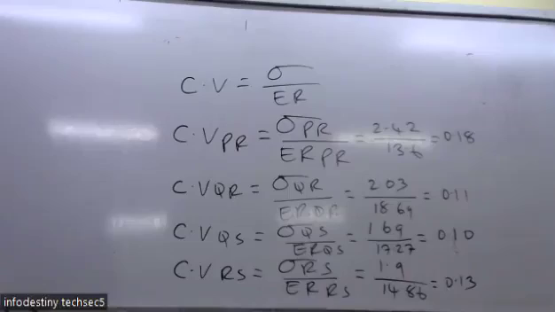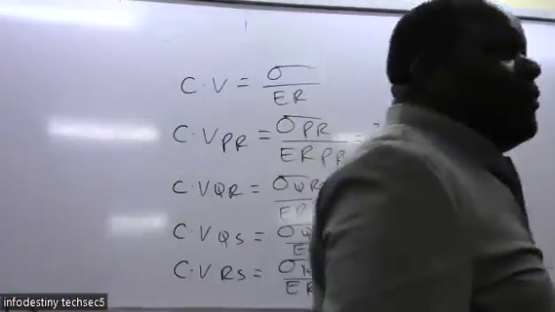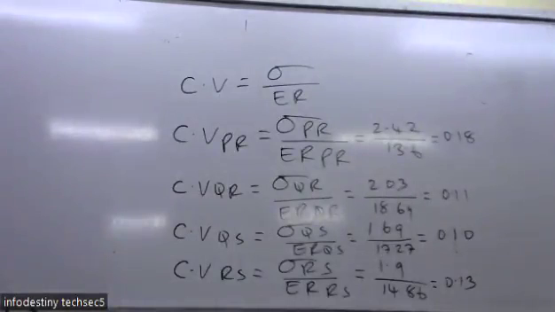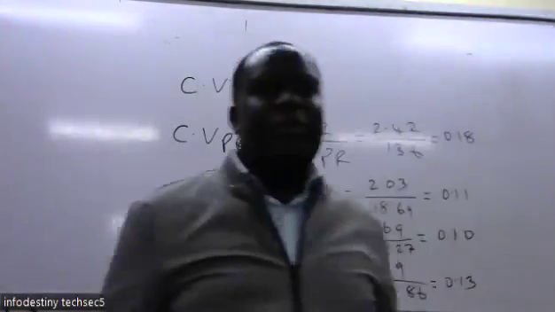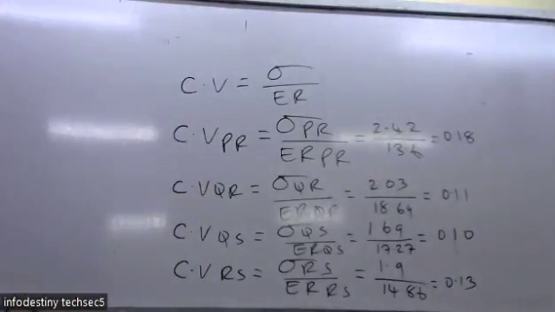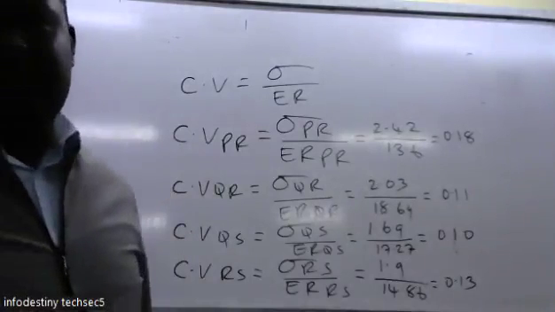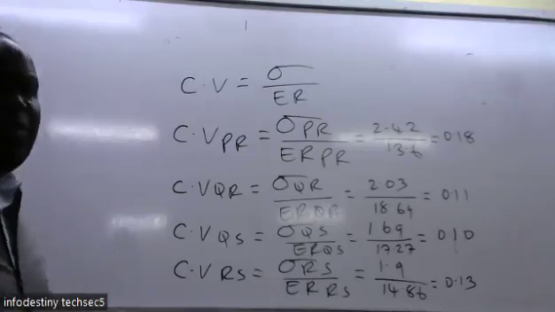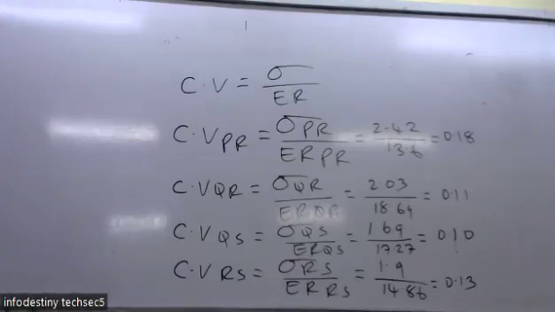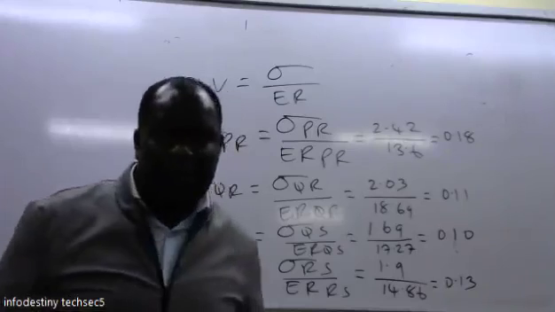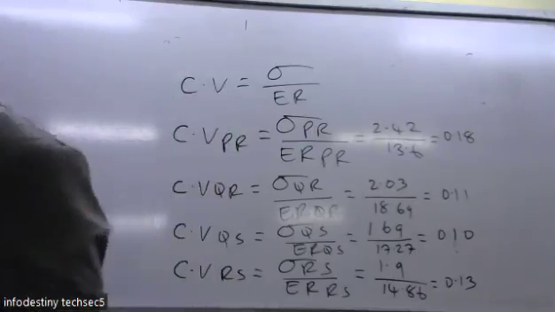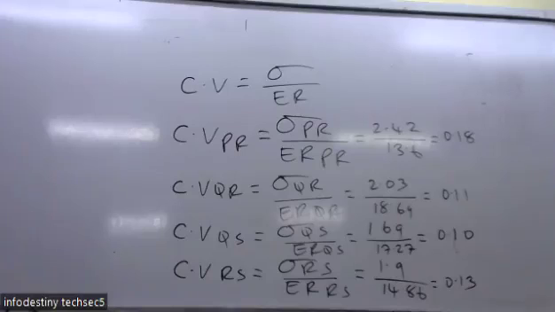So we make a conclusion that the optimal project combination is where the coefficient of variation is minimum. Therefore, we select QS.